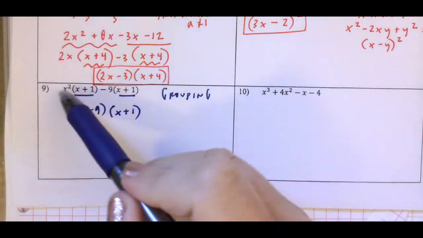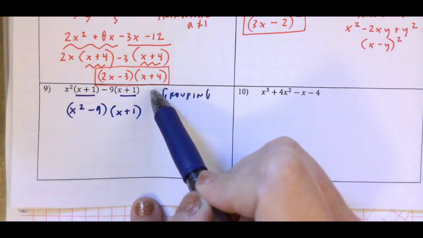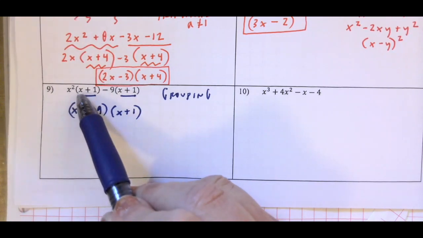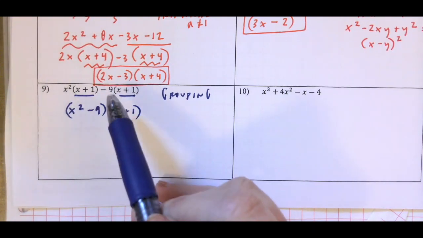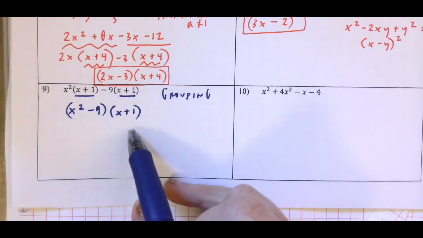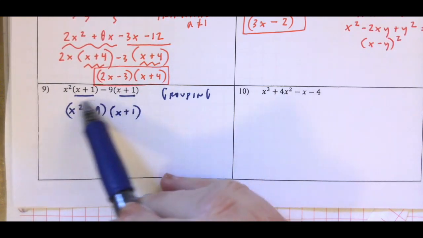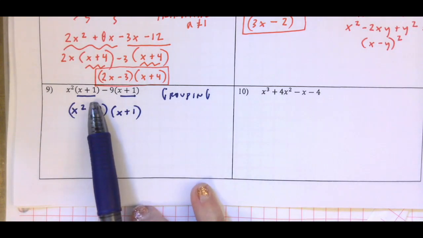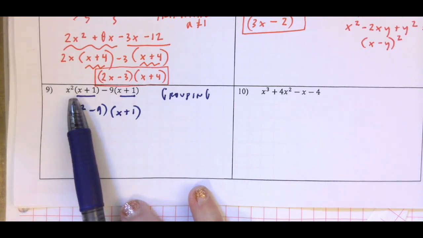If I look back to here, imagine that I was putting this in standard form. I would distribute that x squared over the x and the plus 1. I would also distribute the negative 9 over the x and the plus 1. Well, that's the same thing when I look at it in that factored form here, because let me just cover this up. If I'm foiling it out, I'm going to multiply that x squared over the same x and the plus 1, and same with that negative 9.